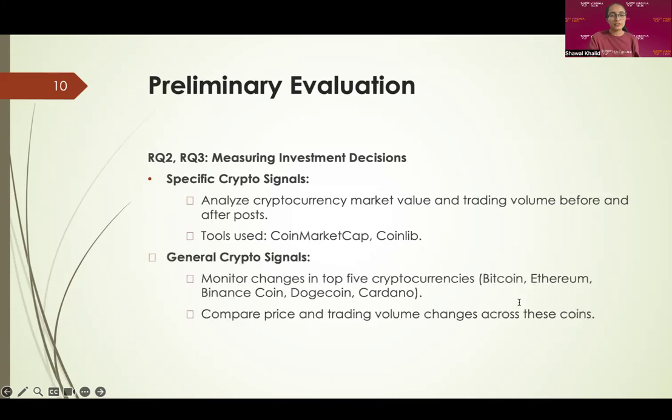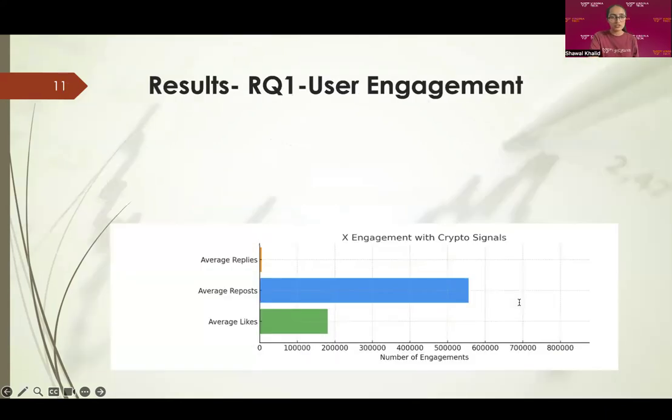For the general crypto signals, those that don't mention specific coins, we monitored changes in the top 5 cryptocurrencies: Bitcoin, Ethereum, Binance Coin, Dogecoin, and Cardano. We compared how the prices and the trading volume of these coins changed following the general signals. This dual approach helped us understand both the direct and the broader market impact of crypto signals on investment decisions.